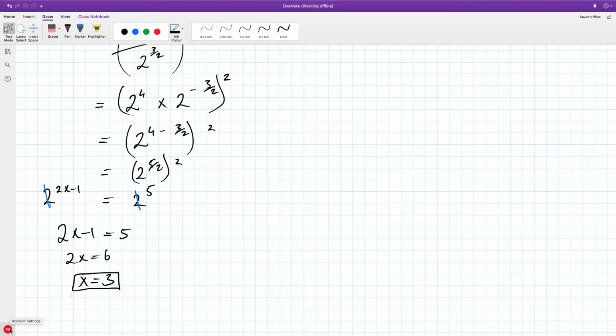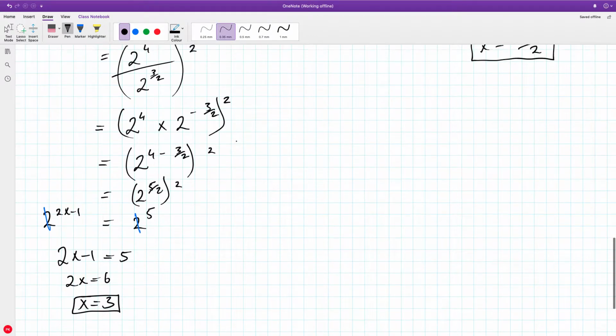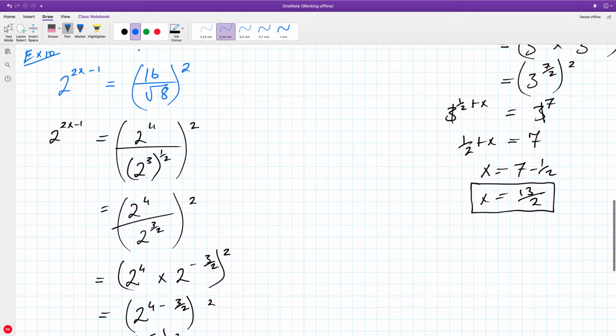Get 3 out? Good stuff. Few calculator mistakes, I say, guys. Right, last one of these we can have a go at.